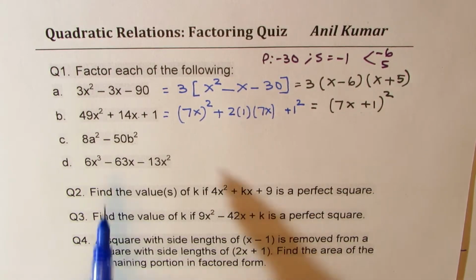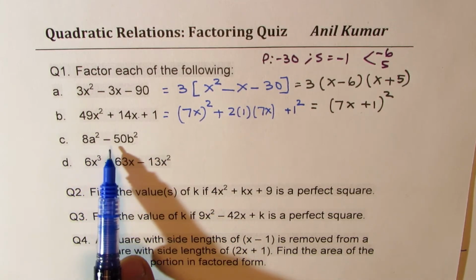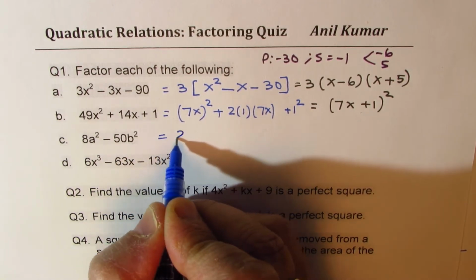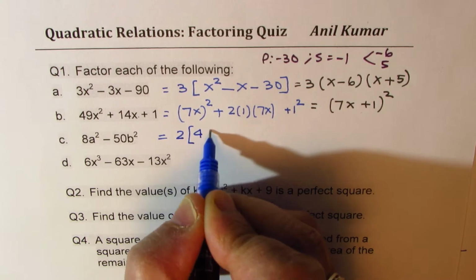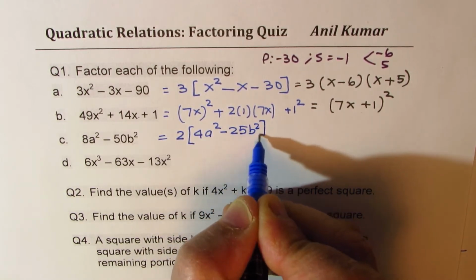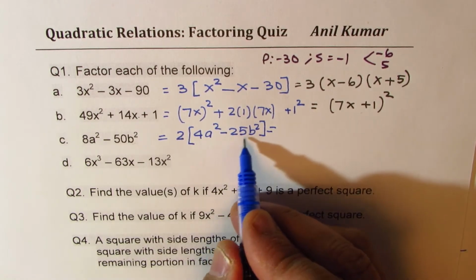The next one is kind of difference of squares. 8a squared minus 50b squared, you could first factor out 2. So if you do that, you get 4a squared minus 25b squared. Now 4 is square of 2 and 25 square of 5.